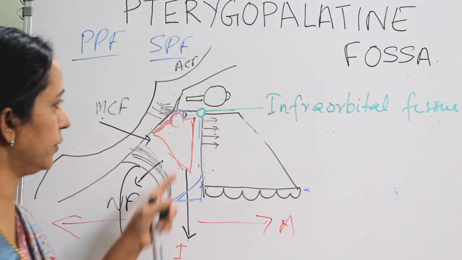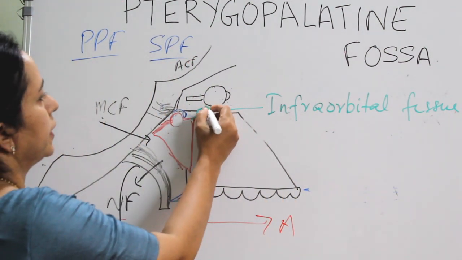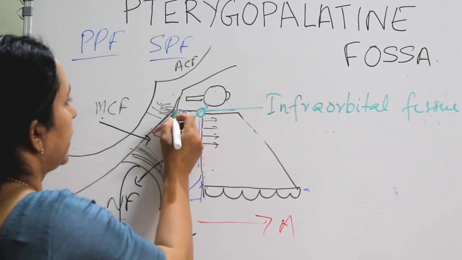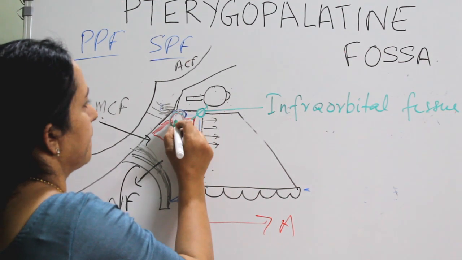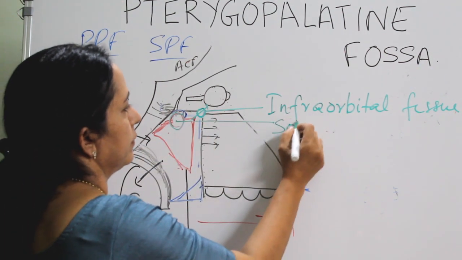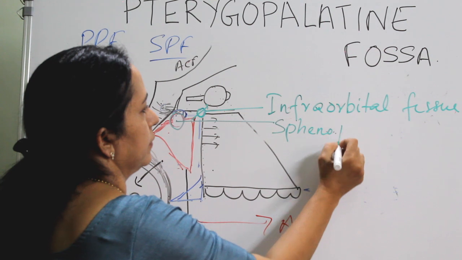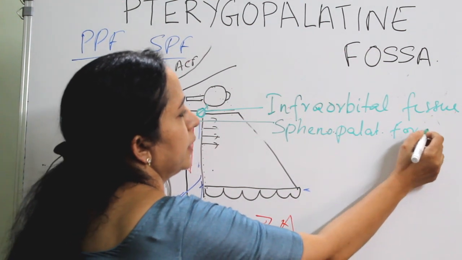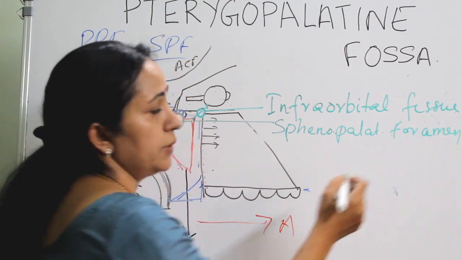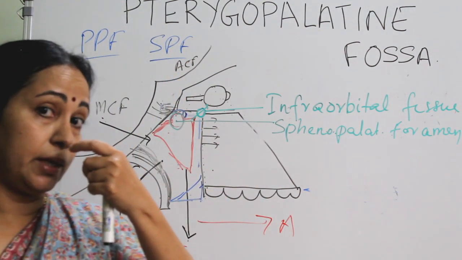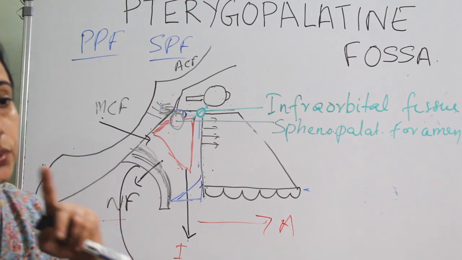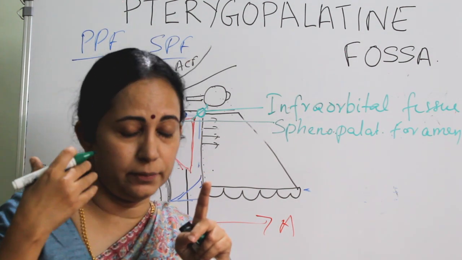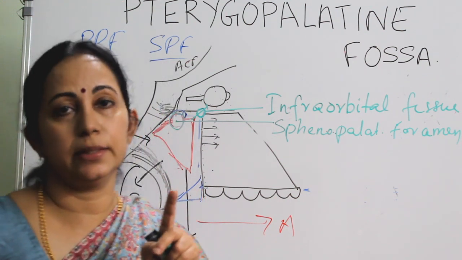Then through the sphenopalatine foramen it communicates with the nose. Actually this sphenopalatine foramen in the nose comes in the medial part, posterior part of the middle turbinate.